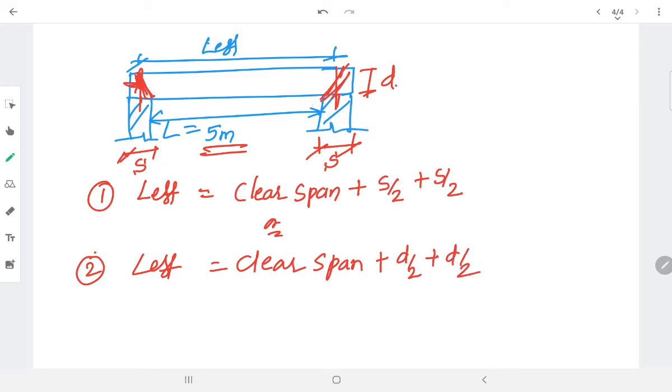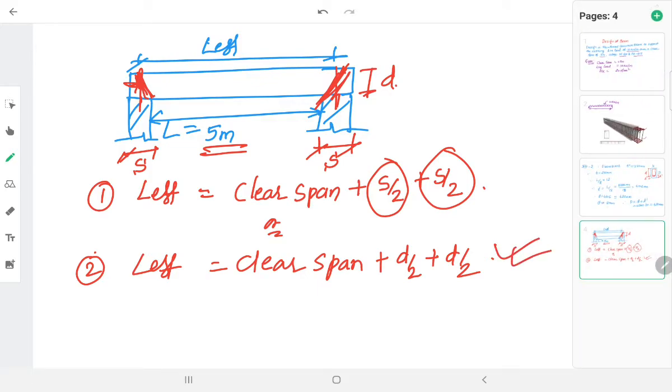Whatever failure action occurs will be at an angle of 45 degrees, so obviously you take d by 2 and d by 2. If the support width is given in the problem, you can go for the first one, or otherwise I will take this one. Especially in this present problem, we don't have any width of support.